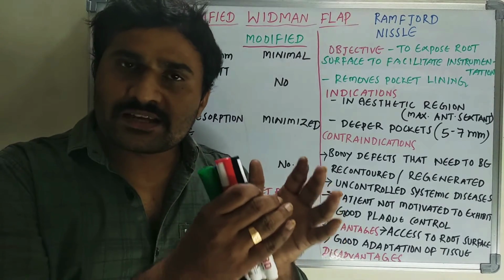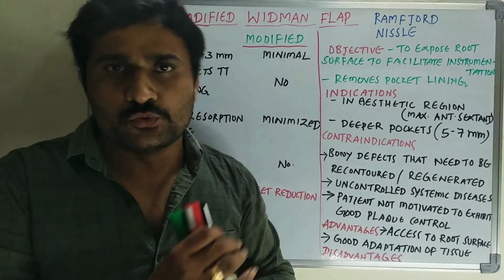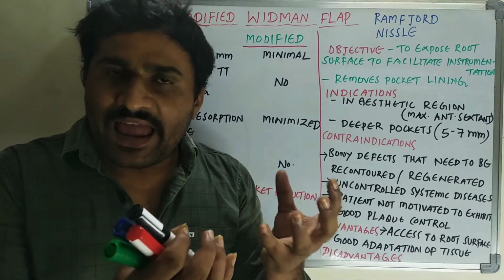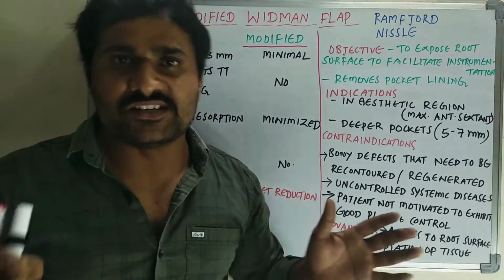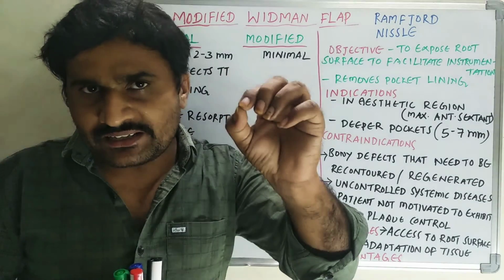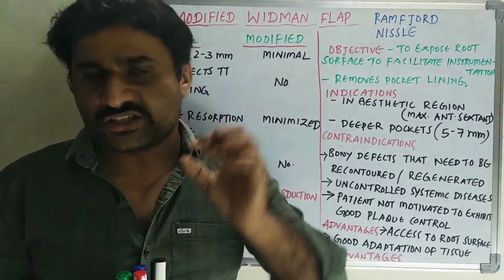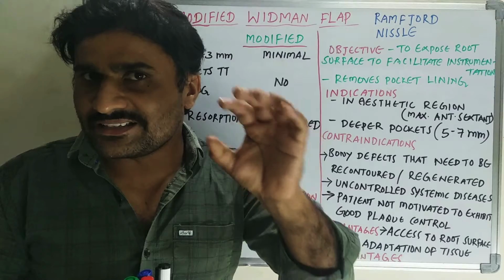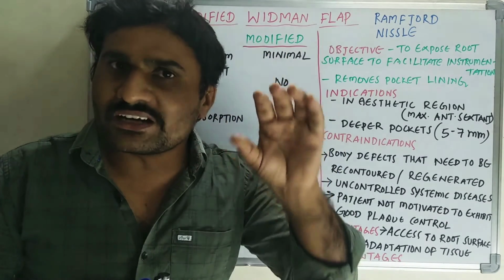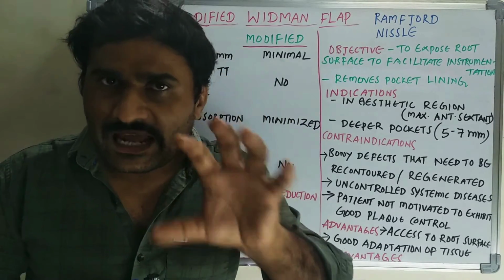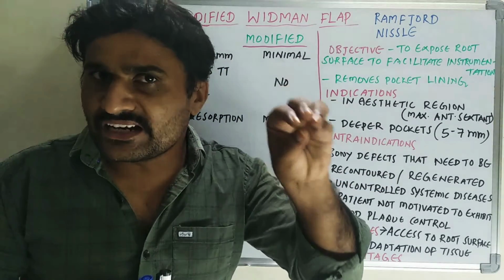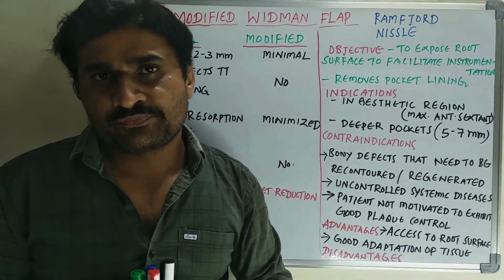Because if there is continuous presence of granulation tissue, that will act as a nidus for the progression of the periodontal disease. So to prevent periodontal disease progression, the surgical treatment is nothing but the removal of that granulation tissue or plaque or calculus that will act as the nidus for the microorganisms.